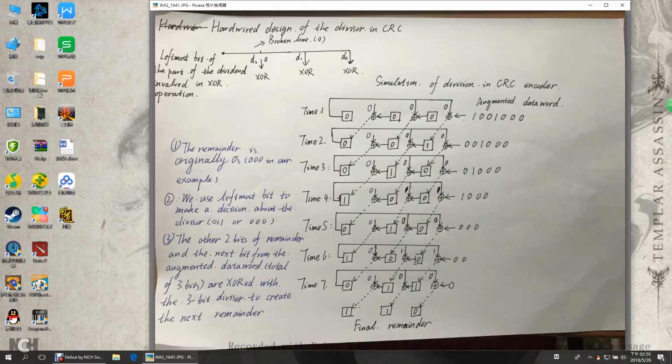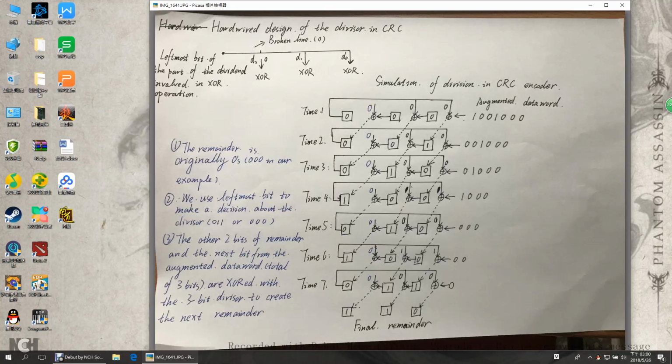At time 1, the 0 will XOR with this 0 and this 0, so the result at time 2 is 0, and this 0 XOR with this result 0, and the 0 XOR with the augmented data word, whose leftmost bit is 1, so the result is 1.